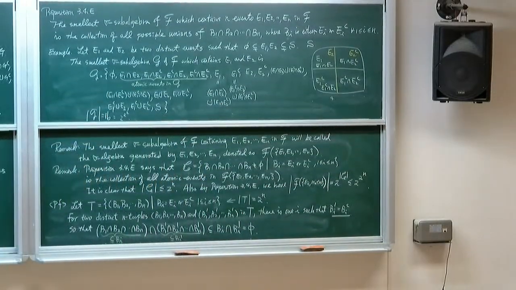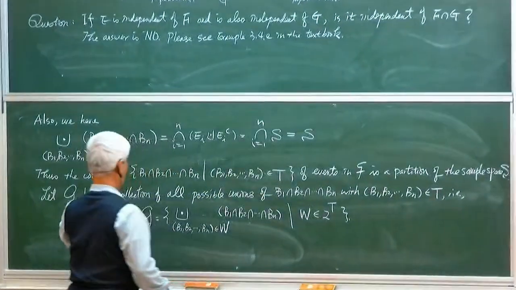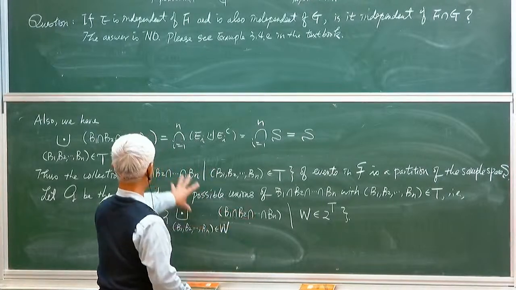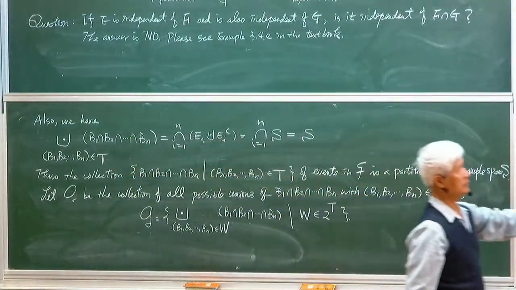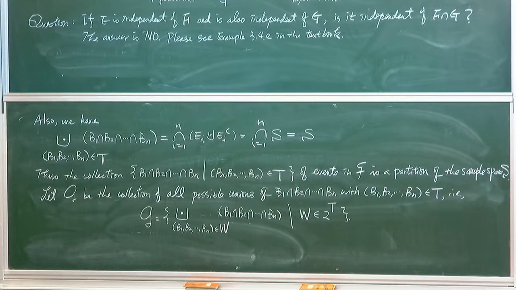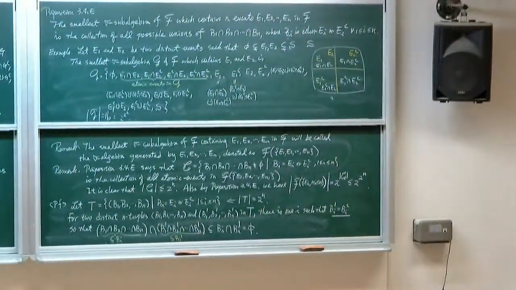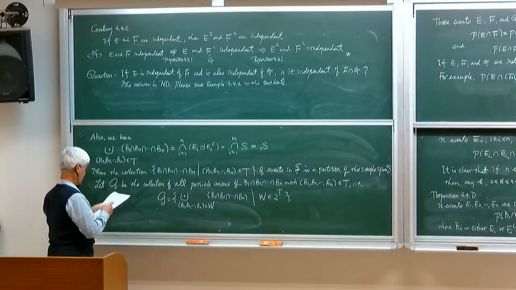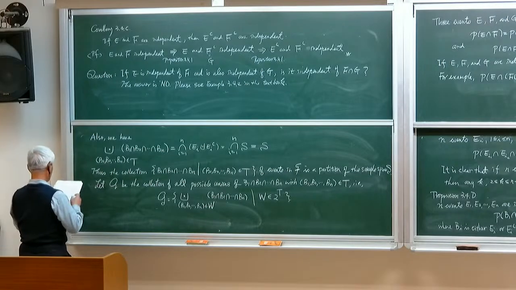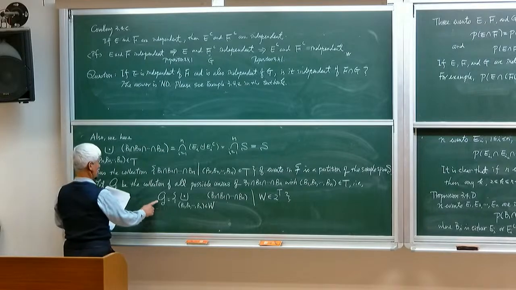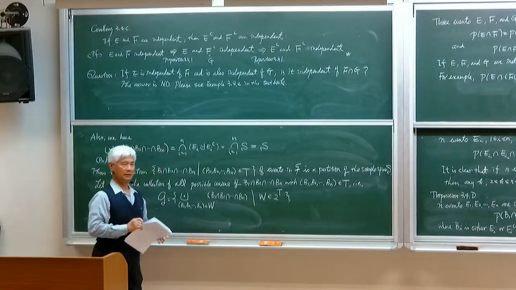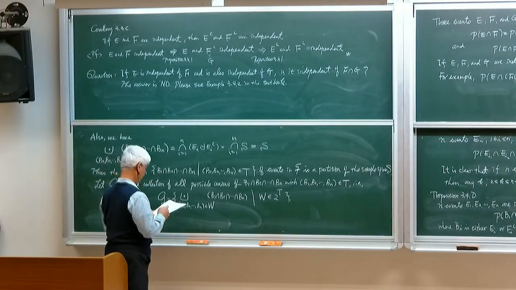So we have established, or described, this collection explicitly. All the argument up to here is to establish the collection G. Our final job is to show that this collection is indeed the smallest sigma subalgebra containing E1 up to En.